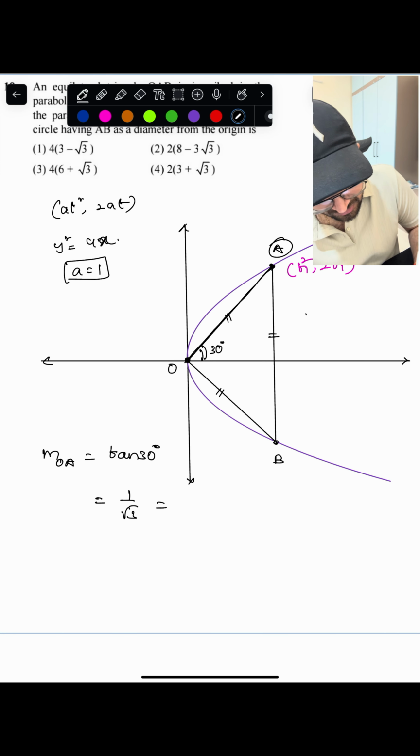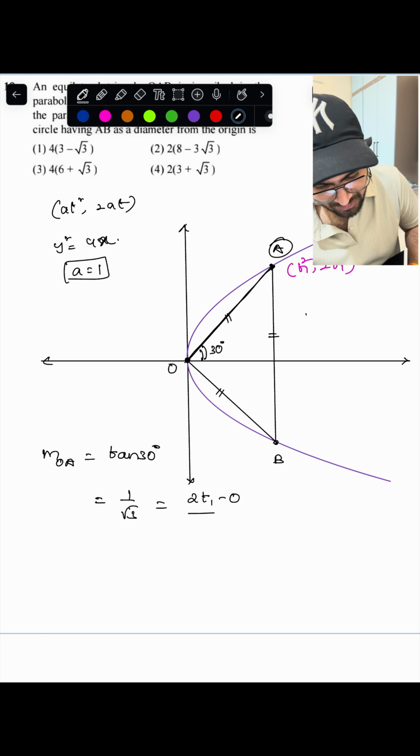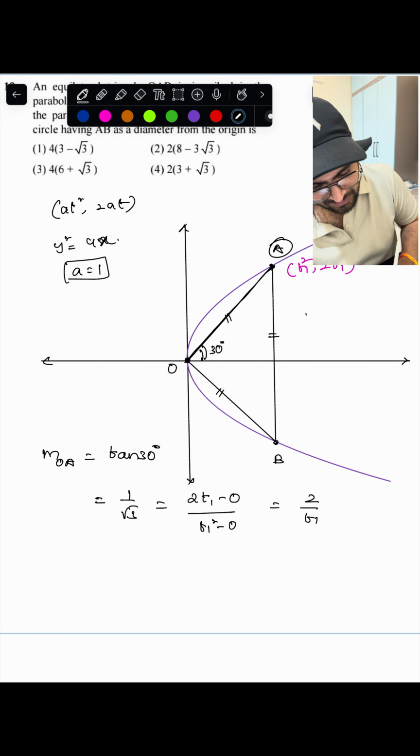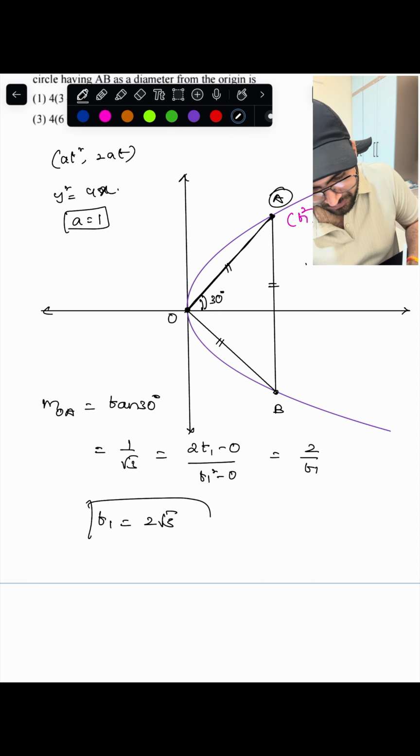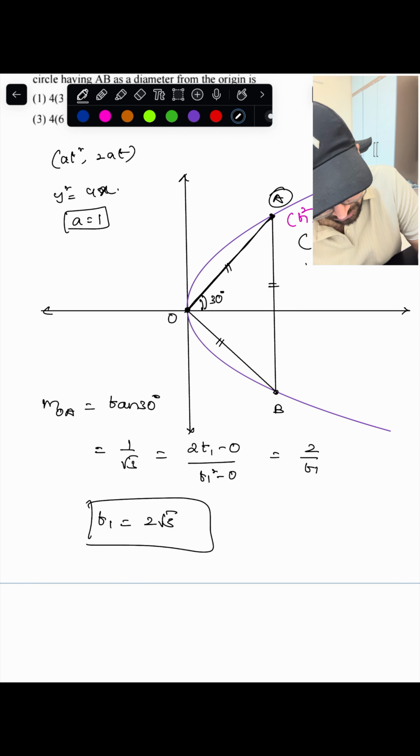We know the points, so find the slope: 2t1 minus 0 by t1 square minus 0, so 2 by t1. So we got t1 directly, which is 2 root 3. So this point is 2 root 3 whole square, which means 12, and 2t1 means 4 root 3. If this is 12 comma 4 root 3, we can find this one as 12 comma minus 4 root 3.